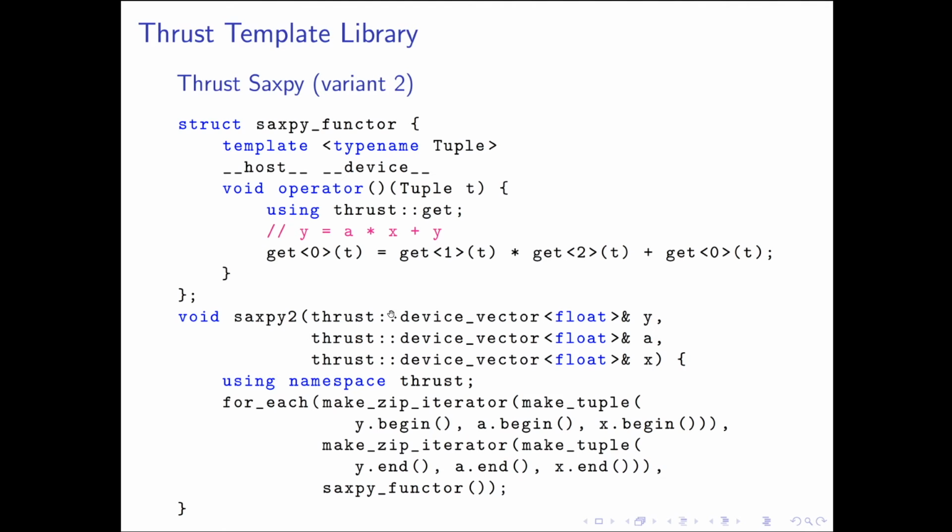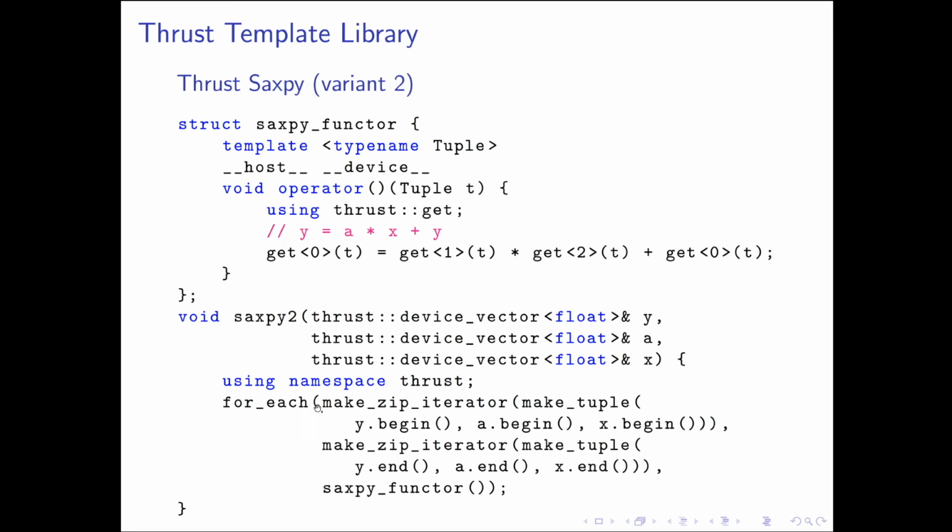The ASXP2 function here receives the same three vectors that the ASXP1 function received, and then I'm just zipping them together so that they basically behave like a single operator. And then I'm also zipping the end iterators together, the end iterator from the Y vector and from the A vector and from the X vector, so that they together form a tuple. So I now have a combined iterator to the beginning of the three vectors and a combined iterator to the end of those three vectors.